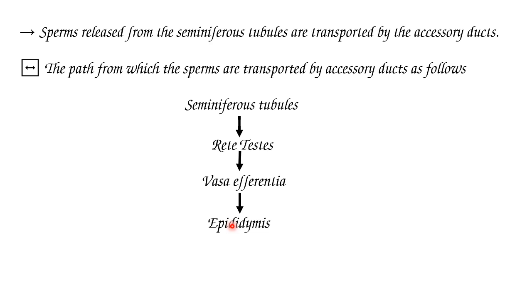The epididymis opens out into the urethra through the vas deferens. So the vas deferens is considered the secondary storehouse of spermatozoa.